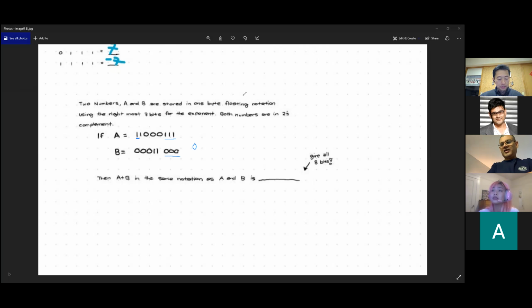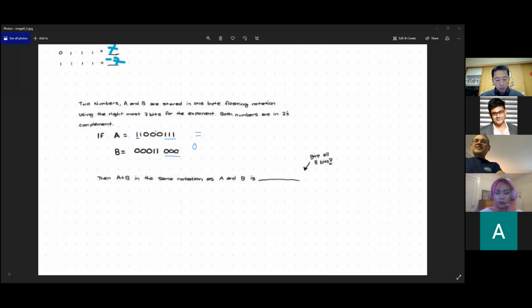All right. The first thing is, let's take A and convert that to decimal and write it down in brackets on the right-hand side, so we can keep cross-checking the numbers. A is basically going to be the first five digits, that's your base, and then the last three are the exponent.